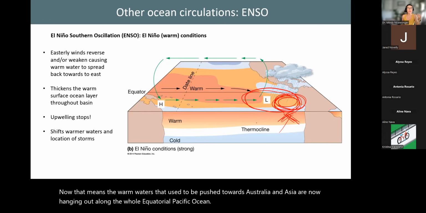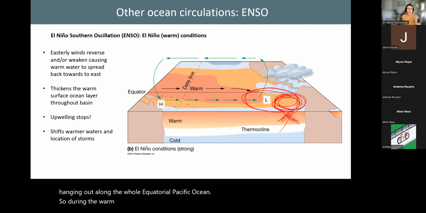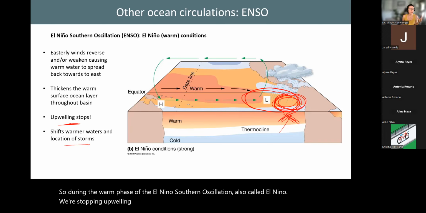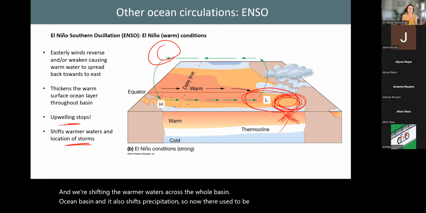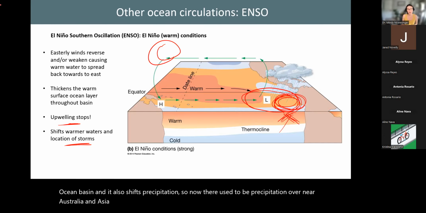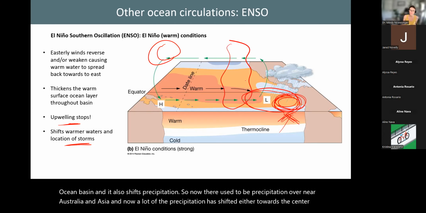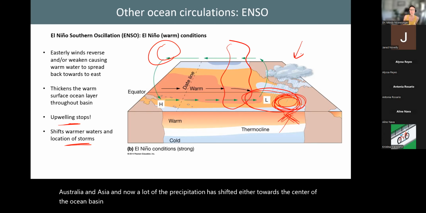So during the warm phase of the El Nino Southern Oscillation, also called El Nino, we're stopping upwelling and we're shifting the warmer waters across the whole ocean basin, and it also shifts precipitation. So now there used to be precipitation near Australia and Asia, and now a lot of the precipitation is shifted either towards the center of the ocean basin or all the way to the eastern portion.